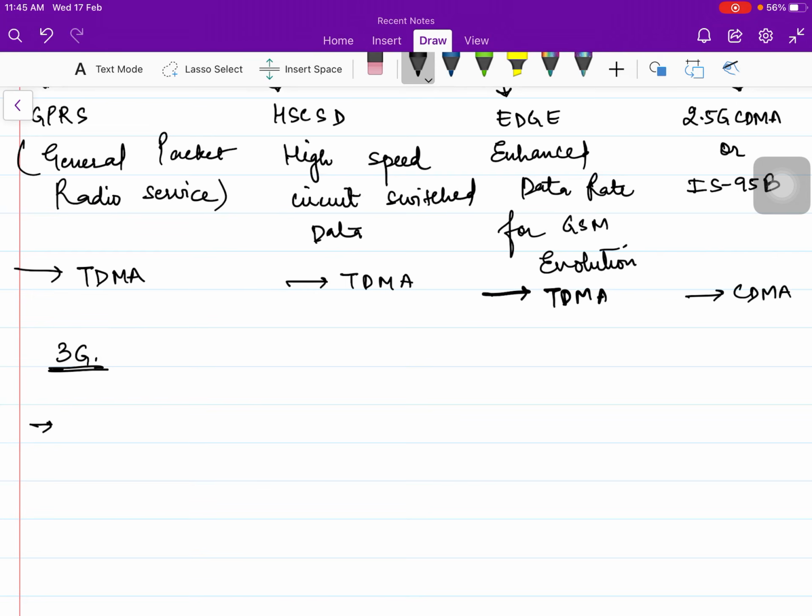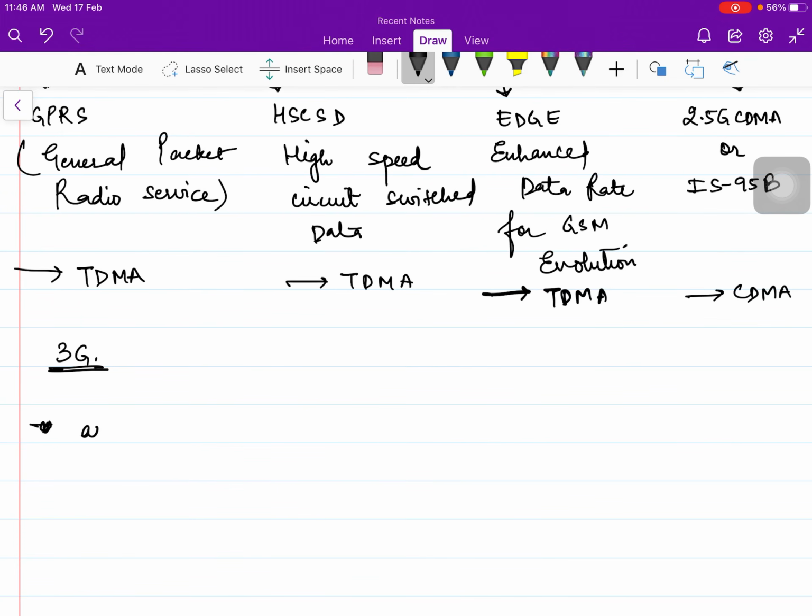Data rates were also very limited. So what happened? The International Telecommunication Union, an organization which decides standards worldwide, decided that 2000 megahertz will be a global frequency that will be used worldwide. So it is the common frequency which will be used globally all over the world.